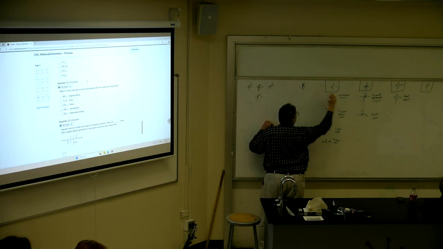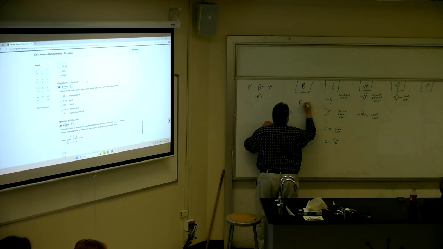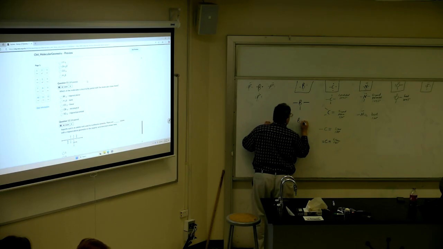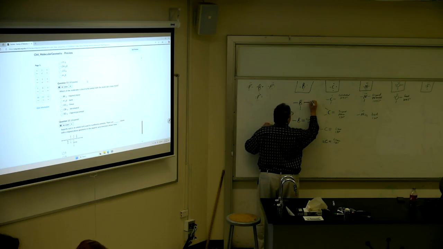I probably should have done this, going across the periodic table back this way. You're either going to see boron like that. This one's, and this one's.